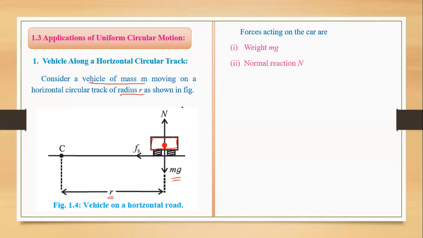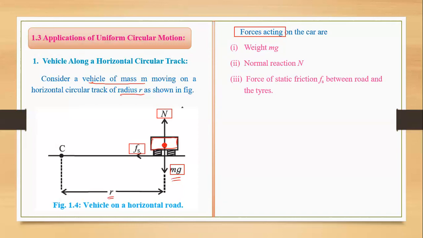So two forces here: this is the weight mg and this is the normal reaction N. Then the third force is the force of static friction between road and tire. So the forces acting here are weight, normal reaction and force of static friction.